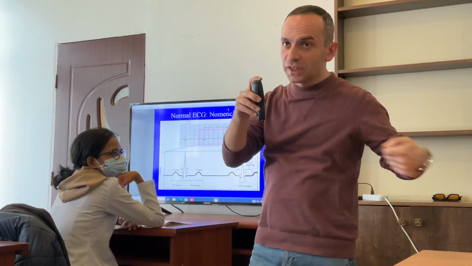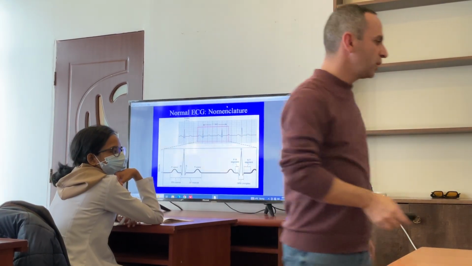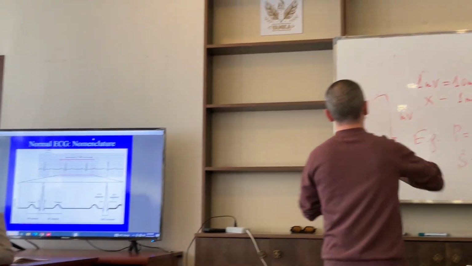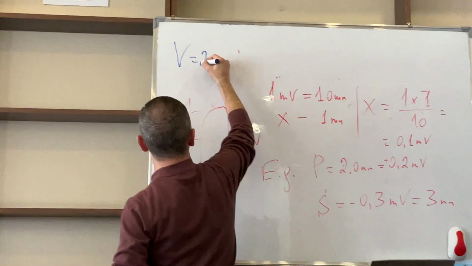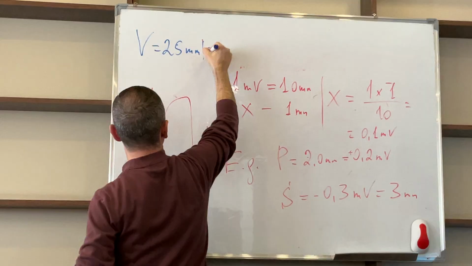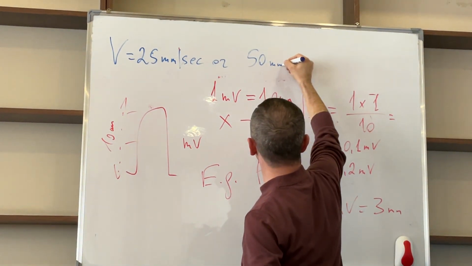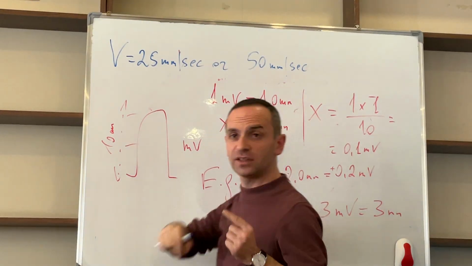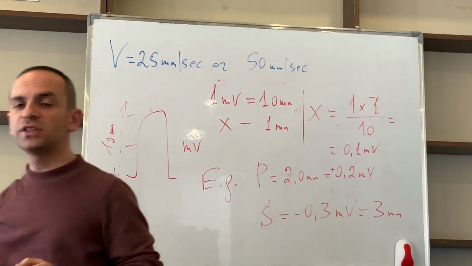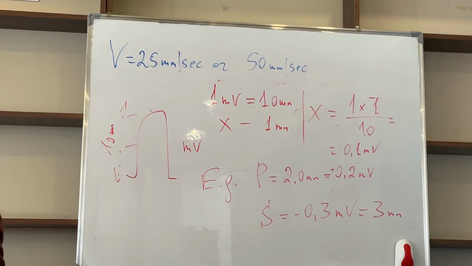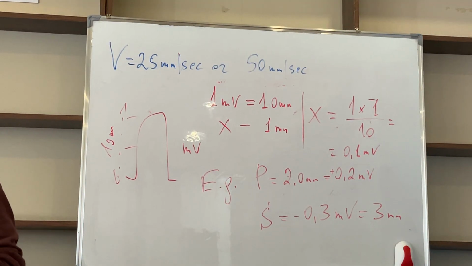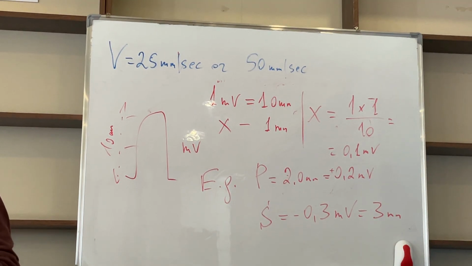It depends how quickly or slowly this paper will pass. We have two variants, either 25 millimeters in a second or 50 millimeters in a second. In 1 second, 25 millimeters are passing horizontally, which means 5 large boxes or 25 small boxes.